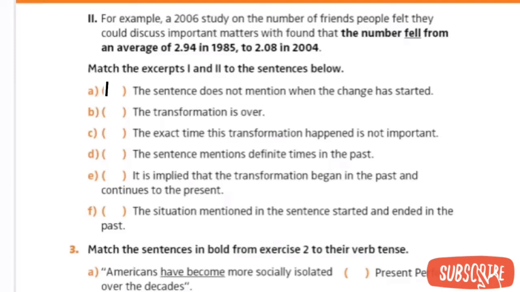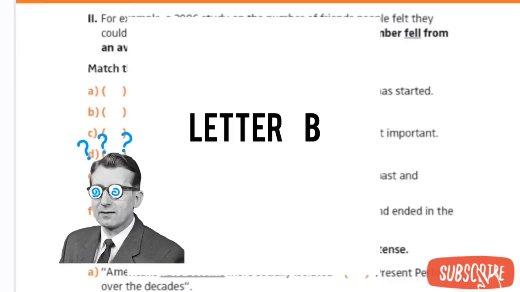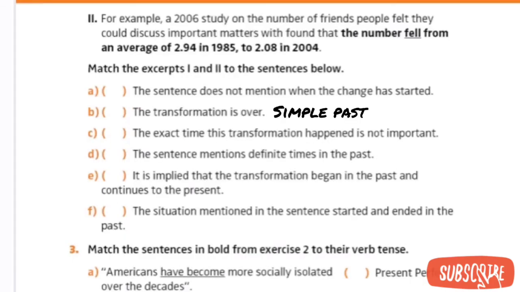Number 2, simple past. So in number 1, the sentence does not mention the exact time in the past when the change started. It started in the past and is still true until now, for example. In number 2, when we check the sentence, the transformation is over. As I told you, simple past has finished, okay?